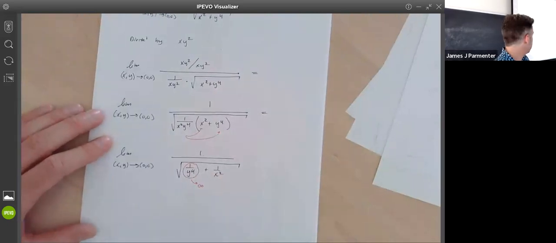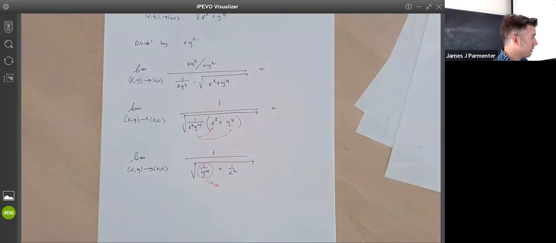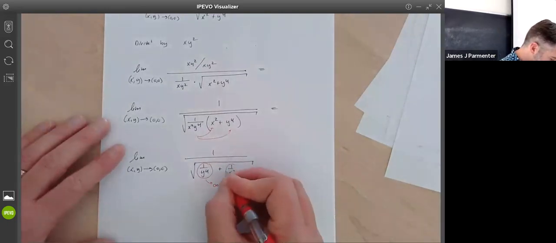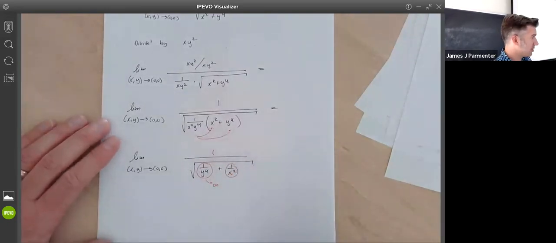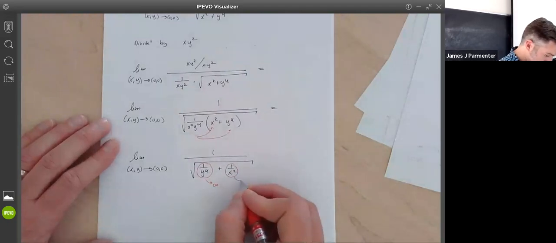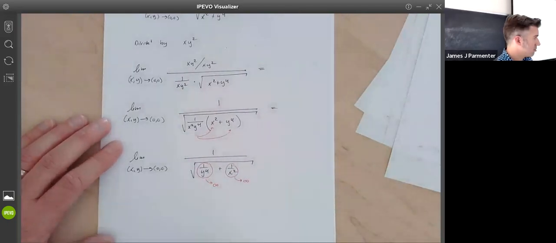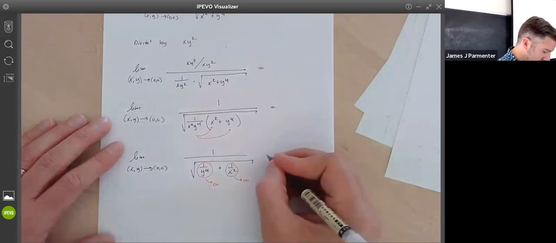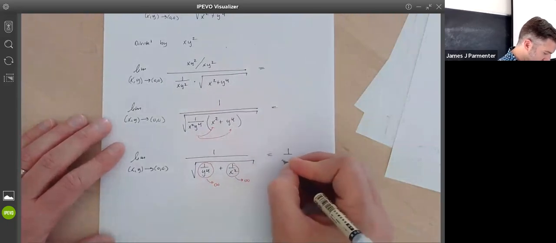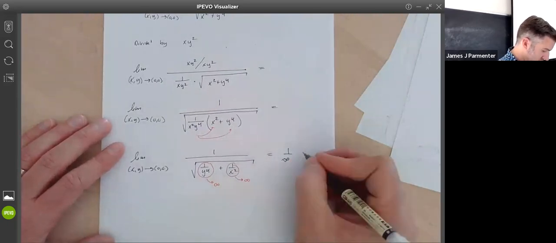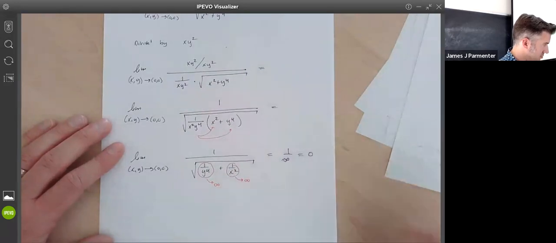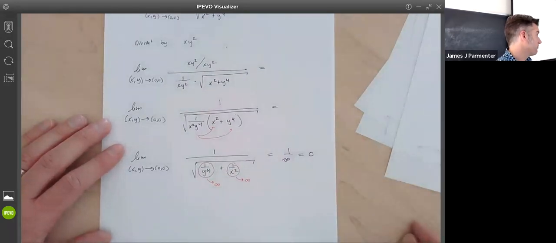And it's definitely going to be positive infinity because it's to an even power. And in a similar way, 1 over x squared is also going to get really, really large. Well, now I've got 1 over infinity, which is going to 0.